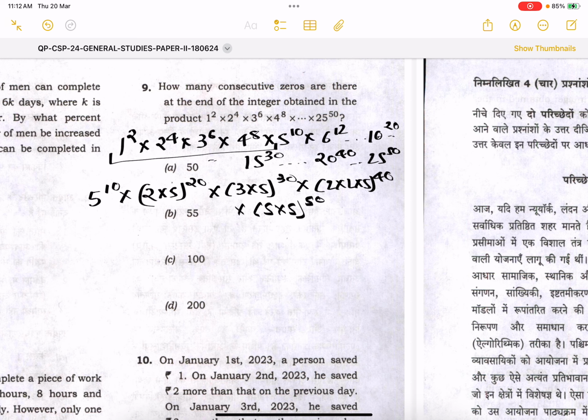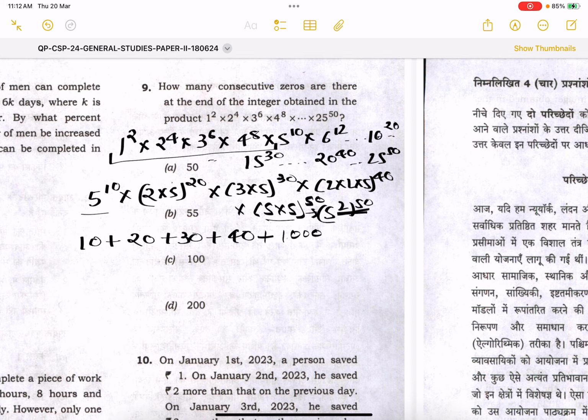Okay, so from here we have 10, from here we have 20, from here we have 30, from here we have 40. Since these are 2 times, we can write it as 5 square into 50. Okay, this can also be done. So from here we would have 100. This multiplied by this is 100. Okay, from here we would be having 100.